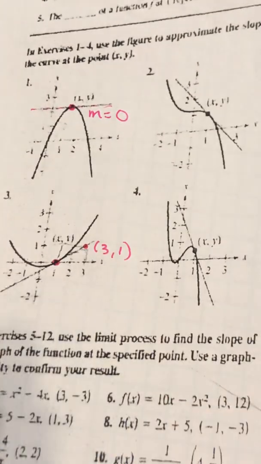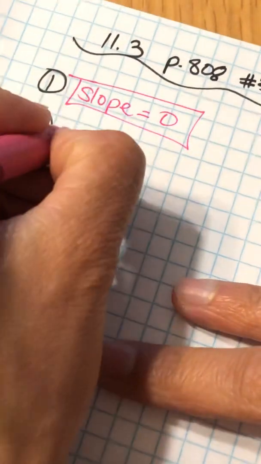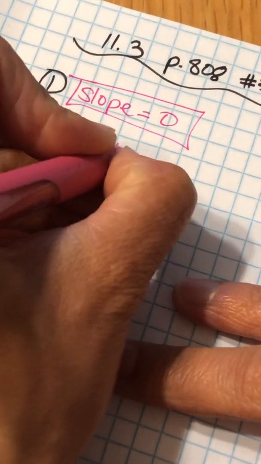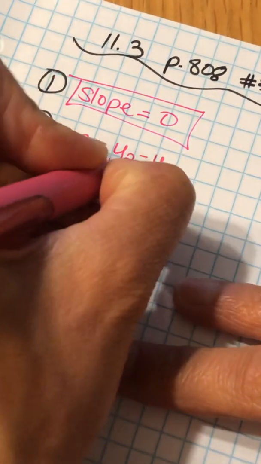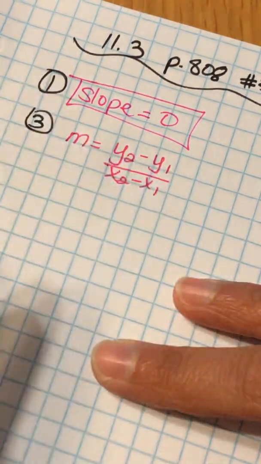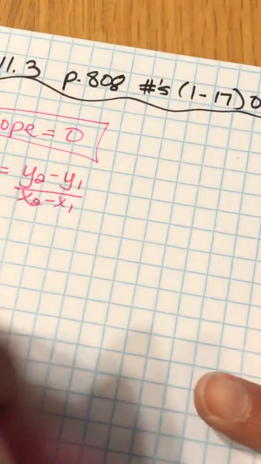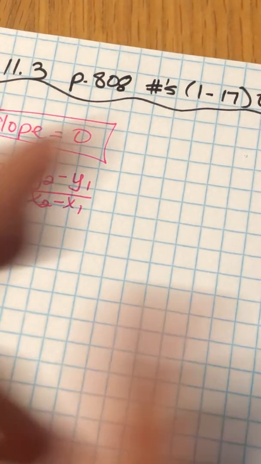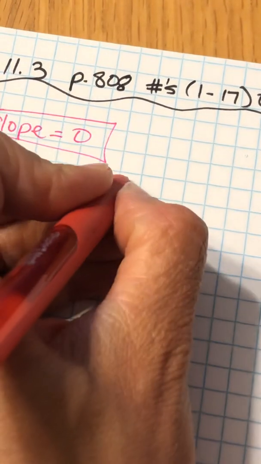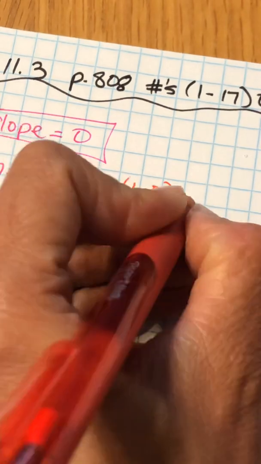Remember the formula for that? I'm going to write that on my paper. M equals y2 minus y1 over x2 minus x1. You're ride or die. You got to know the slope formula. The 2 points that we have on that graph were the point 1, 0 and the point 3, 1.